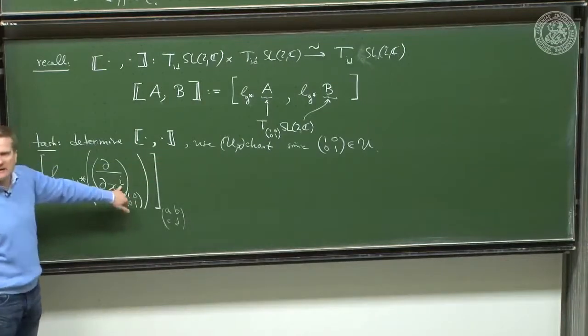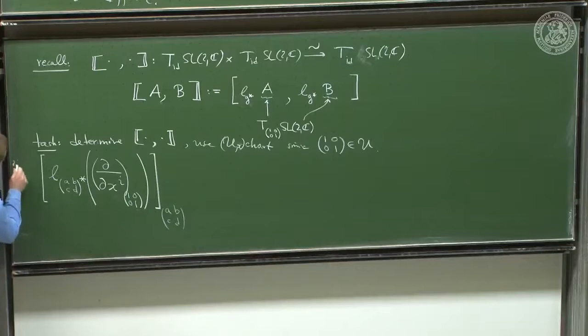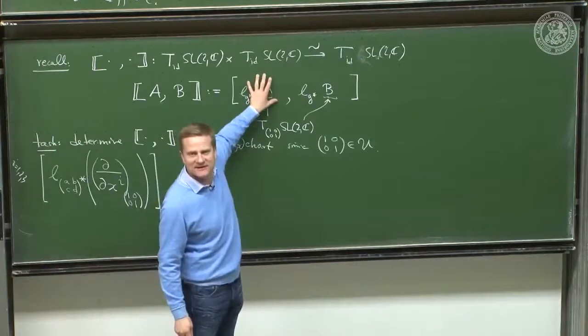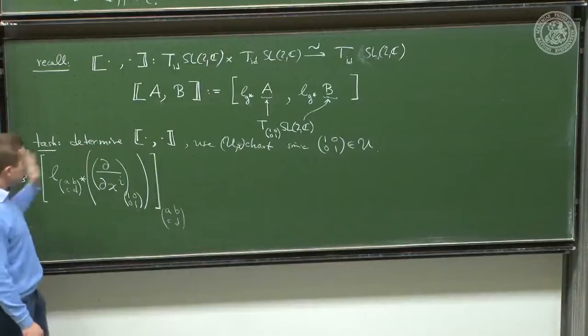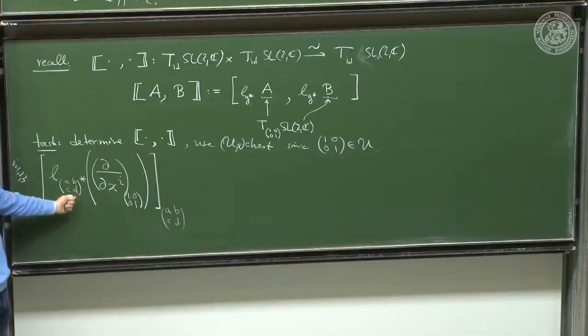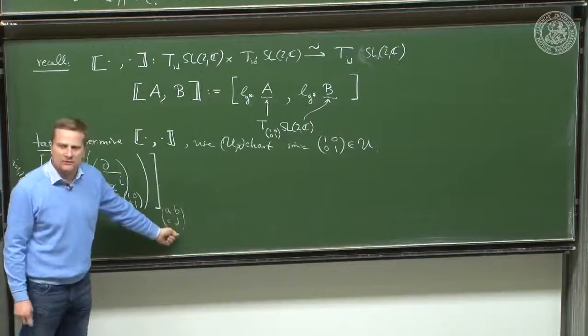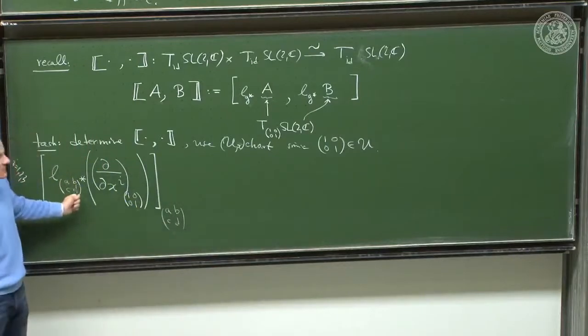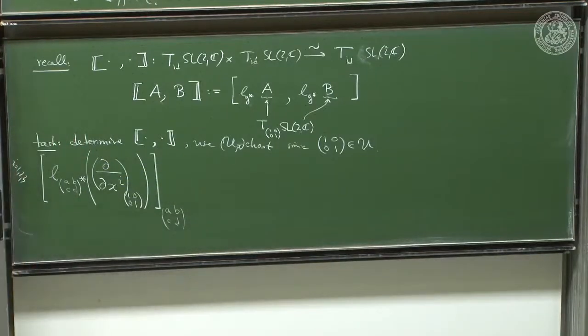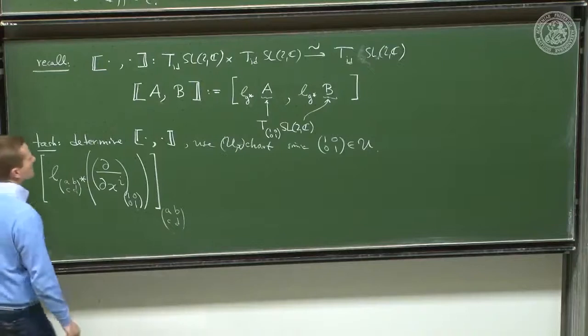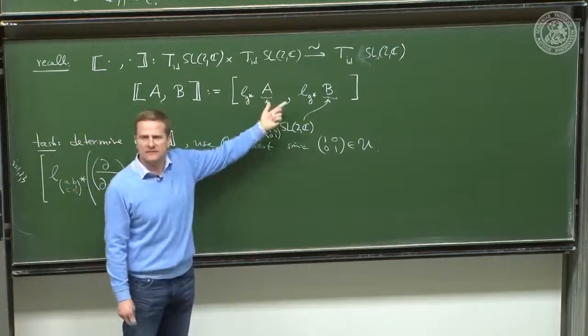And then I do this for i equals 1, 2, 3, and this calculates this first bit. That's the idea. I take this at the identity, I push it forward to this point to get a tangent vector at that point. And I can do this for any point A, B, C, D in SL2C, well, for any such point in U, that is. And of course, from this one vector, I construct this way the entire left invariant vector field, because we checked that if I do this construction, the result is a left invariant vector field.